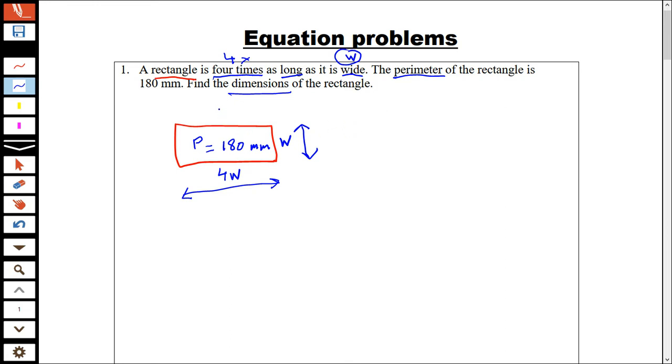So I know that the opposite sides of a rectangle are equal. So I could put 4W and W. And I know that the perimeter of a rectangle is when I add all the sides together.